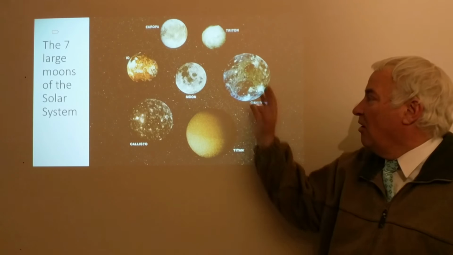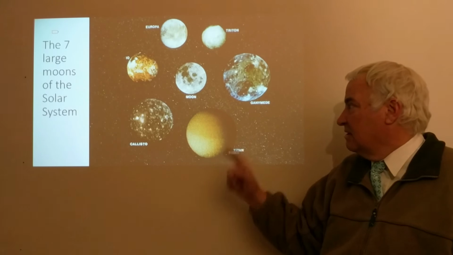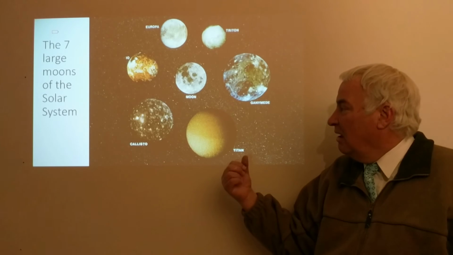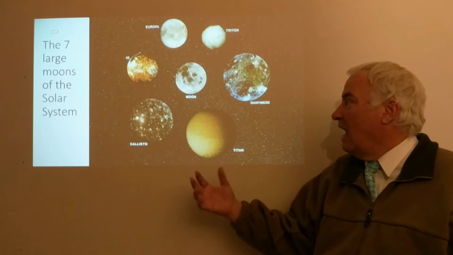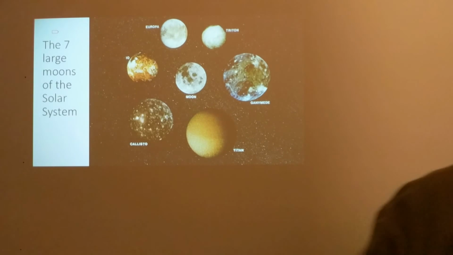These all are interesting to compare the differences and similarities between them, because they can tell us a lot about what the solar system has been like for a long time and how these got to be the way they are.